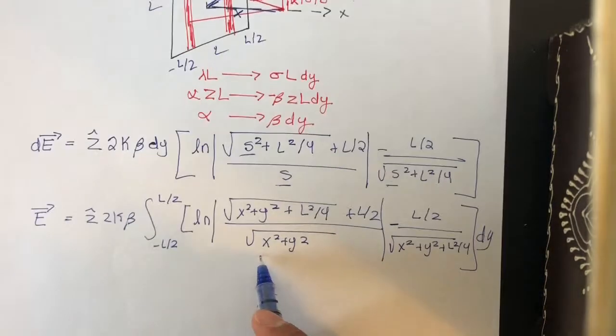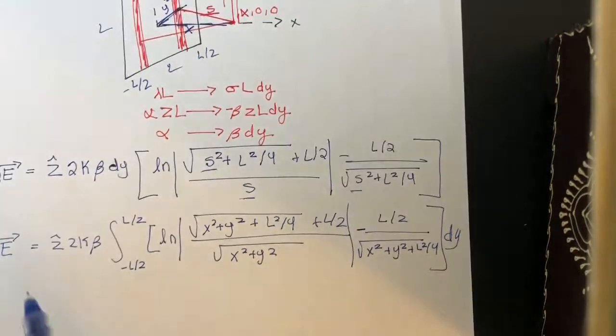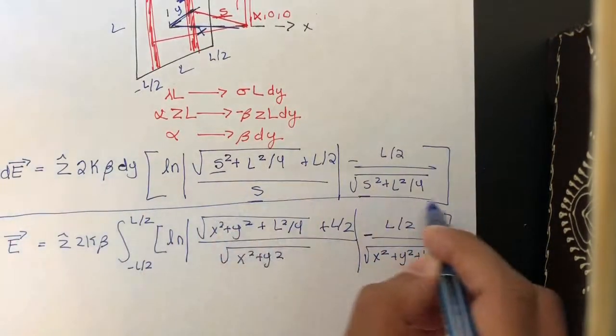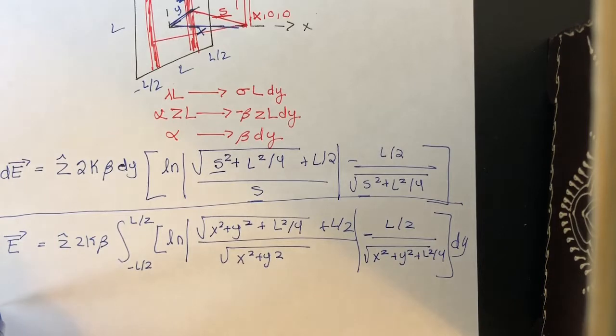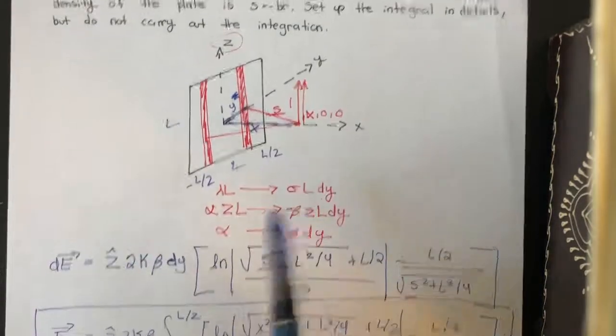So maybe I change here to x squared plus y squared and then x squared plus y squared. And that is the integral to find the electric field of a square plane at a distance x away.